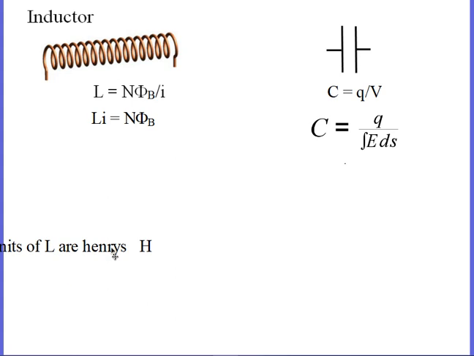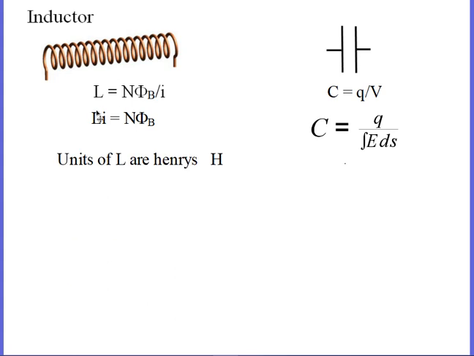The units of inductance are called henries, capital H. When you write it out, it's lowercase h because you're not talking about the fella. And I would like you to look at this and think about the units of I and the units of flux, magnetic flux. Maybe it would be helpful to have this back. So that would be the units of magnetic field, the units of area, the units of current.